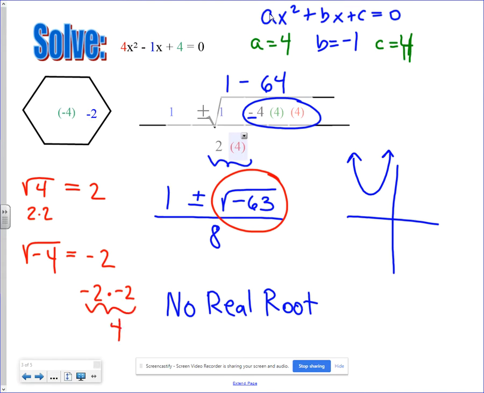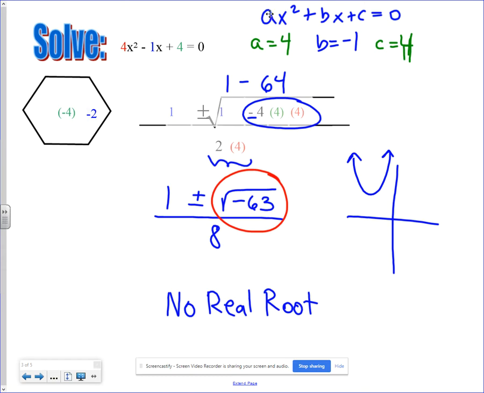There is no real number that you can multiply by itself to get -4. So when you get a negative under your square root, all you have to do is write no real solution. Eventually, we will learn how you find the solution. The solution is actually imaginary. We're going to learn about this number called the imaginary number. But for now, I just want you to write no real root or no real solution.